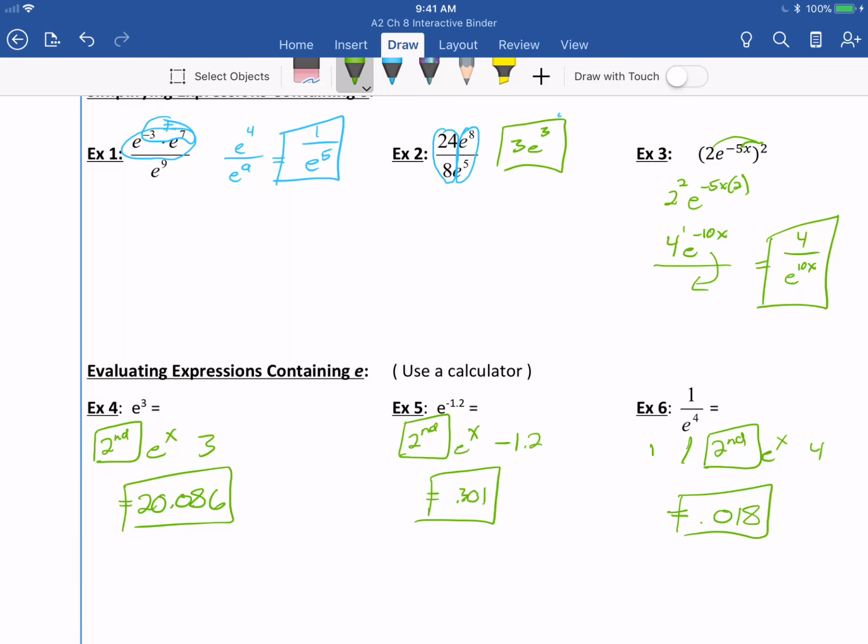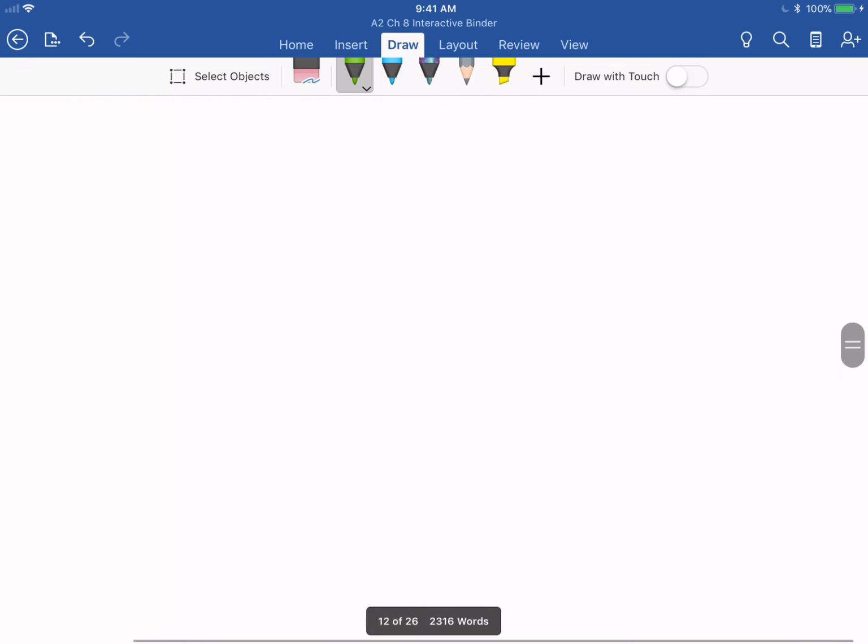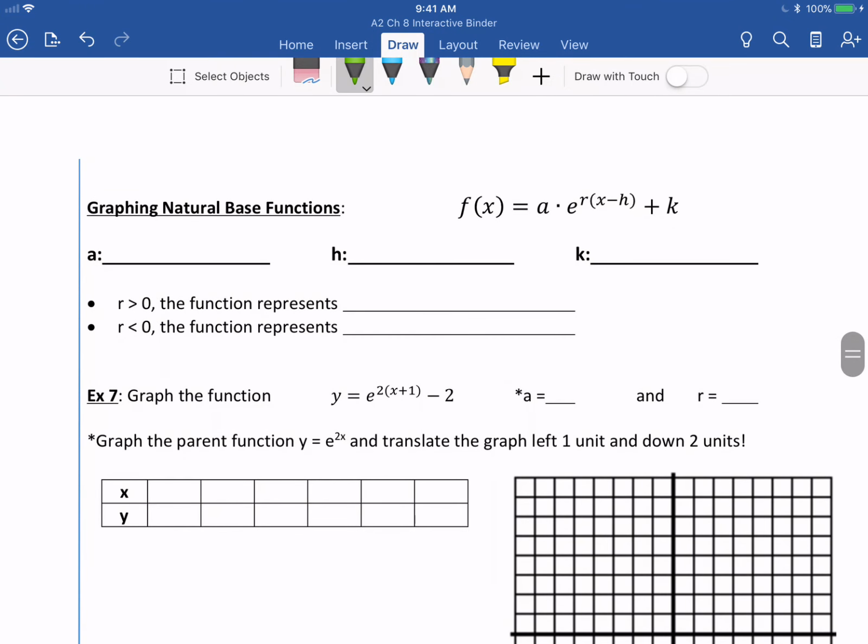All right, so here we go. We go with graphing these e's. It's going to be really similar to graphing exponential growth or decay, and that really is what it's going to be, and we're going to talk about that here in a second. So make sure you do yourself a favor, highlight this guy, a times e to the r times x minus h, plus k. You guys got it here.